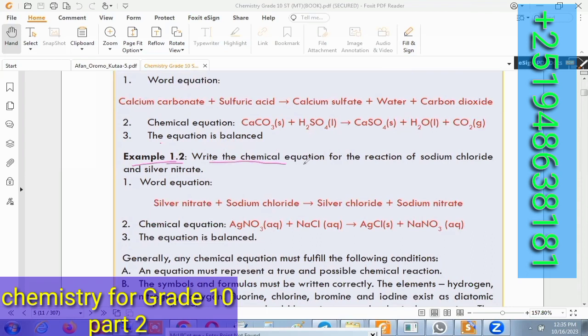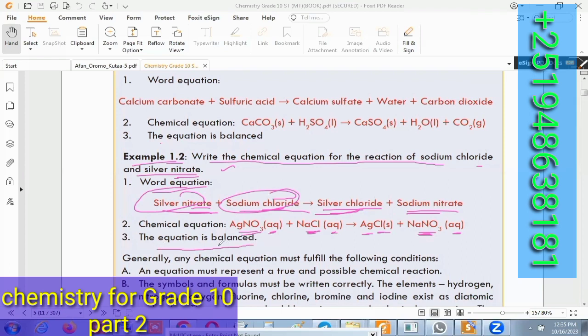Example 2: write the chemical equation for the reaction of sodium chloride and silver nitrate. First we write the word equation: silver nitrate and sodium chloride are the reactants, and the products are silver chloride and sodium nitrate. Then we change to symbols and formulas. Silver nitrate and sodium chloride are aqueous, dissolved in water. Silver chloride is solid. Sodium nitrate is aqueous.